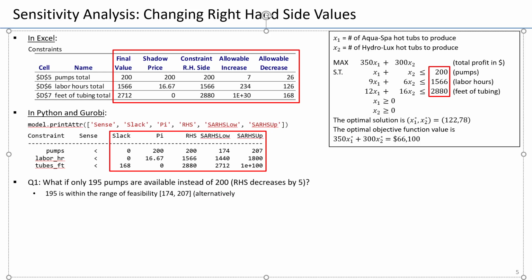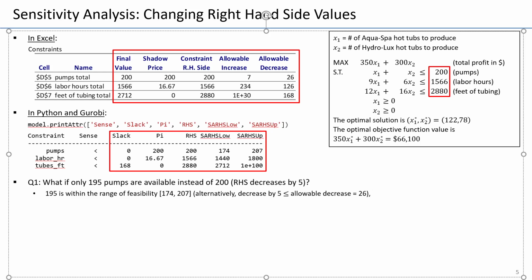Or we could say alternatively, a decrease by 5 is smaller than or equal to the allowable decrease, which is given here in Excel, in the last column at the top, and is equal to 26, right? So if we know this, what can we conclude from this?